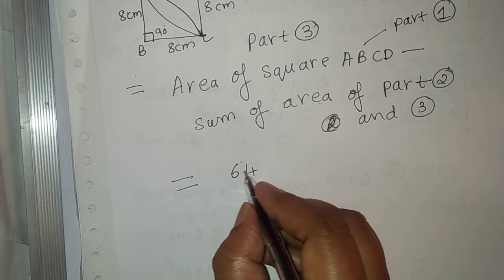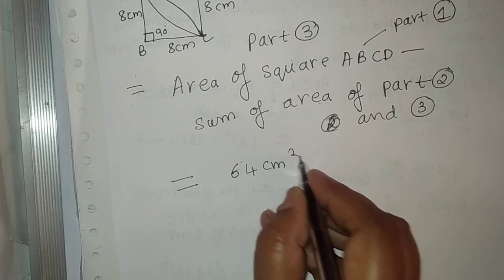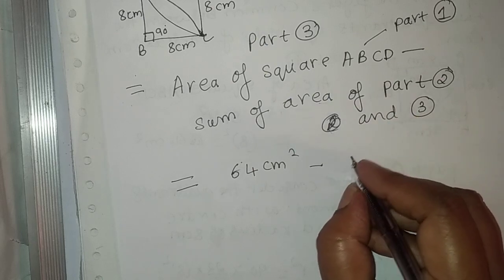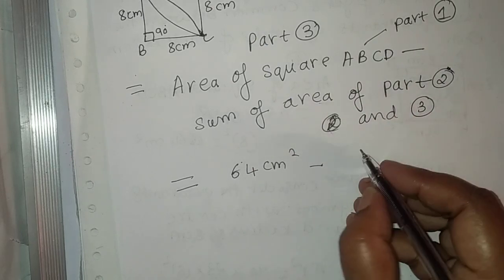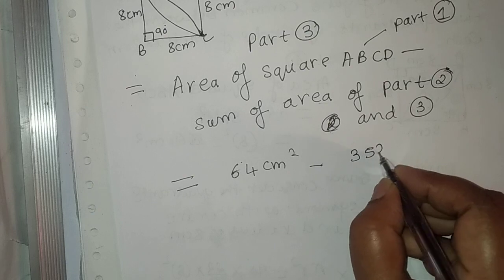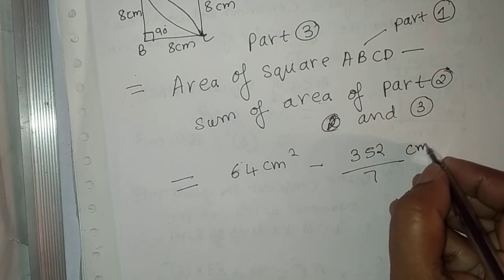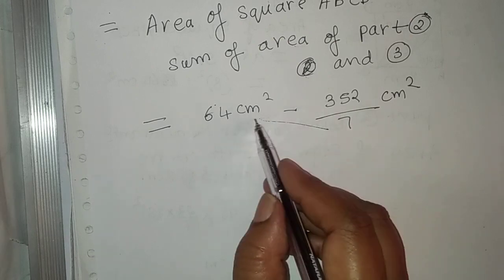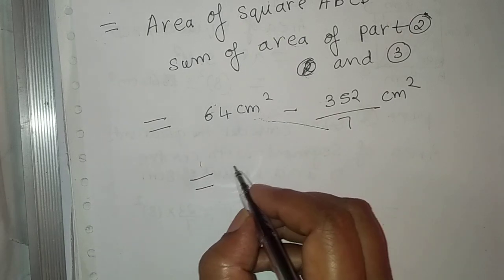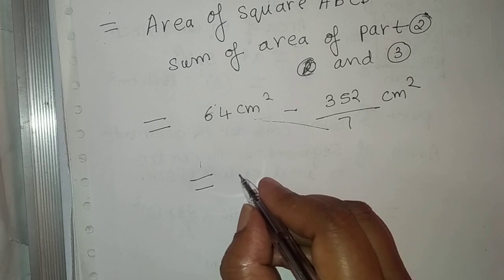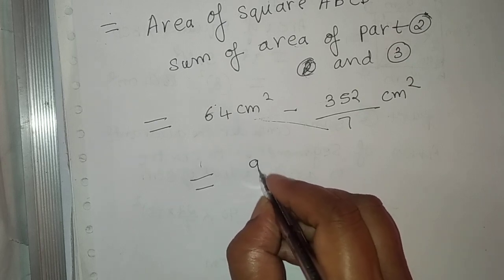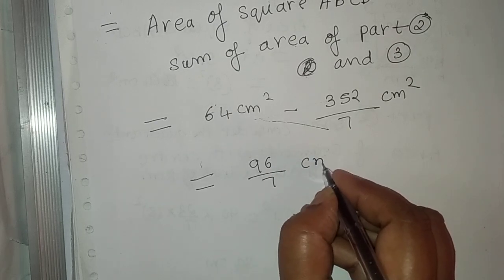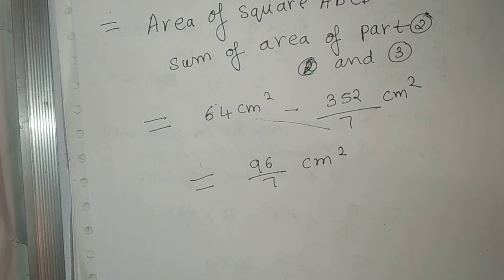We got 64 centimeters square minus the sum of part 2 and 3, which is 352 by 7 centimeters square. Simplify this by cross multiplying, and we'll get 96 by 7 centimeters square. So this is part 3.